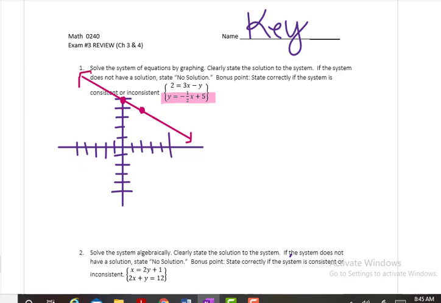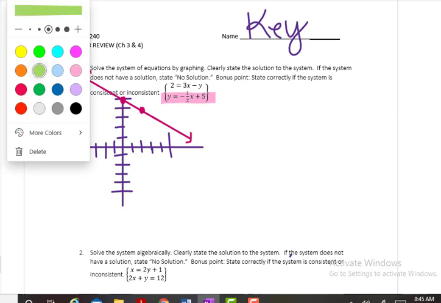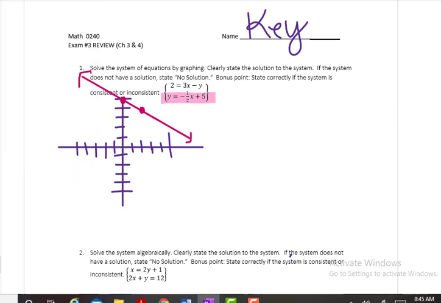Now for the second line, I'm going to highlight this one in green. That's going to be my green line. I do have a little bit of algebra to do because it's not in a form that I can readily graph. I could find my y-intercepts, I could find points.